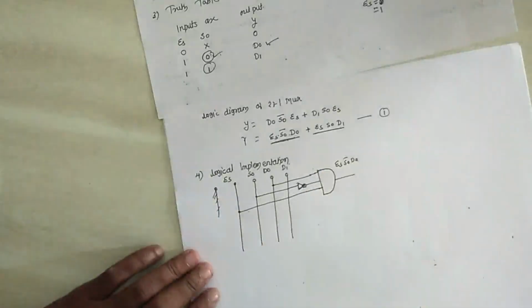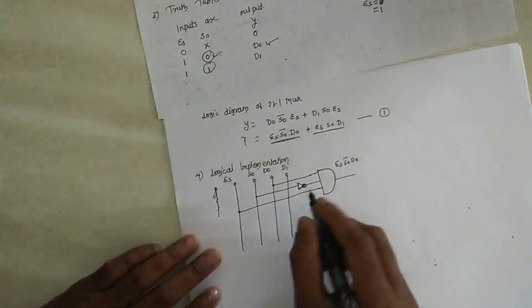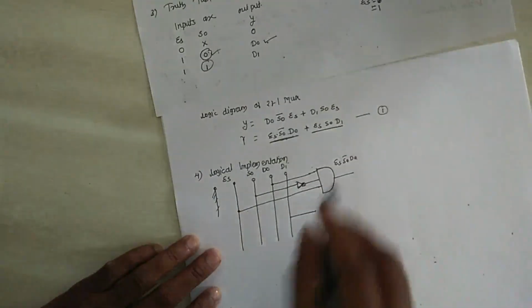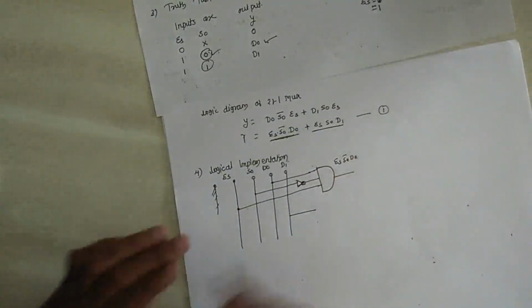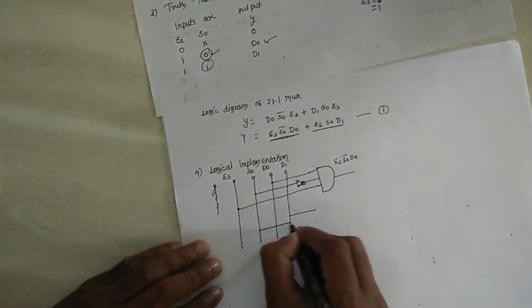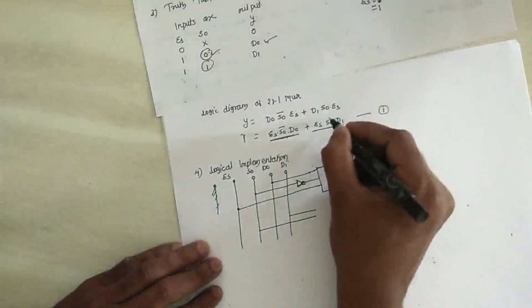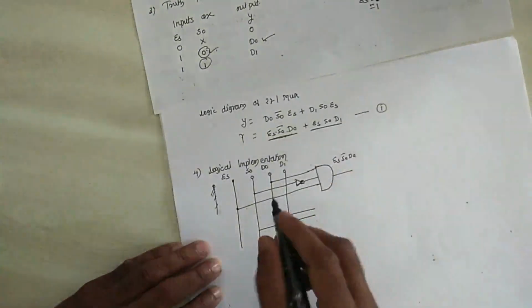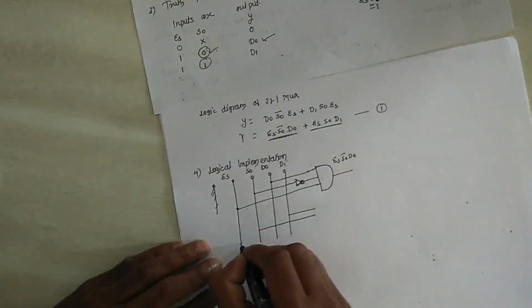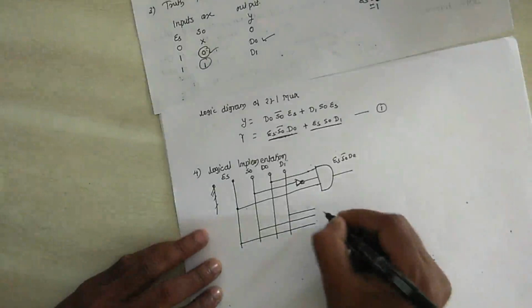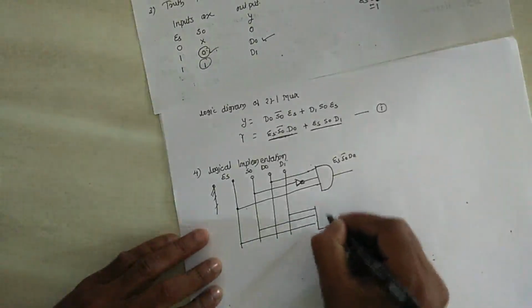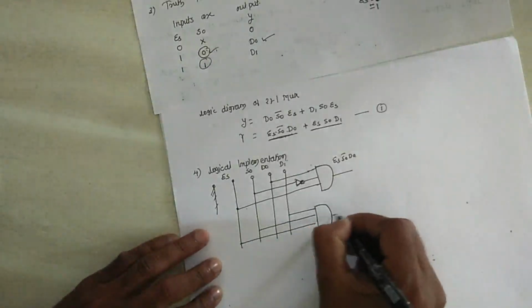Let's go with the second term. First we need D1, so take D1. Second we need S0, here consider S0. No need to take any complement because it is non-complement form. So one more variable is needed, that is ES. So they will be ANDing with each other.